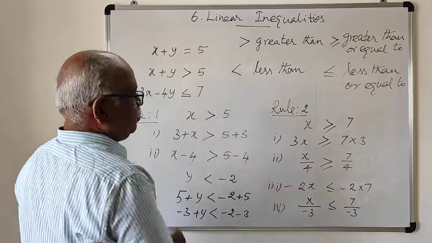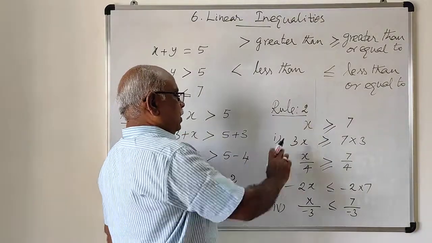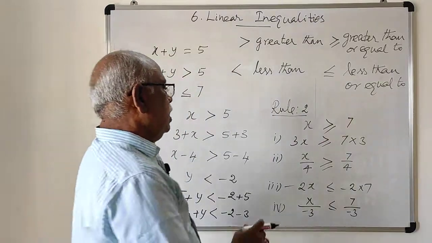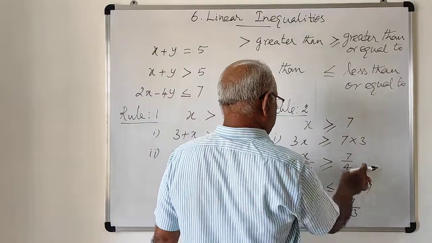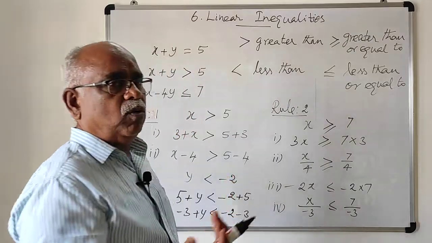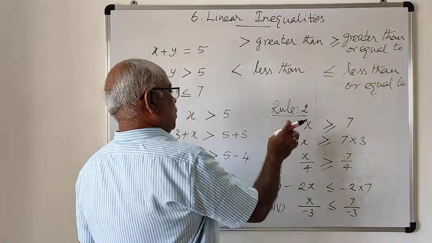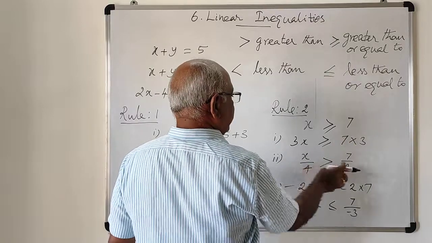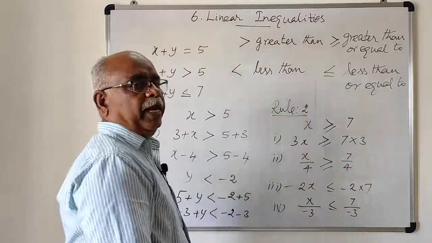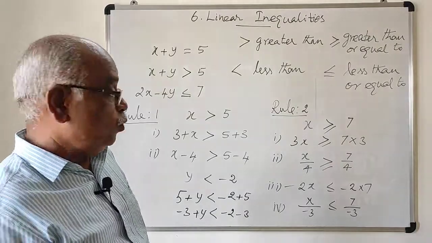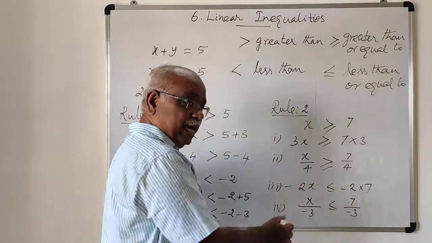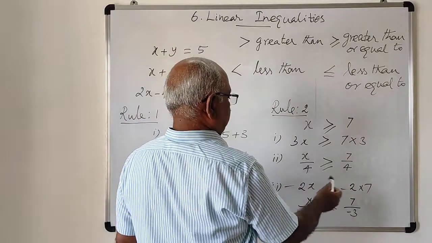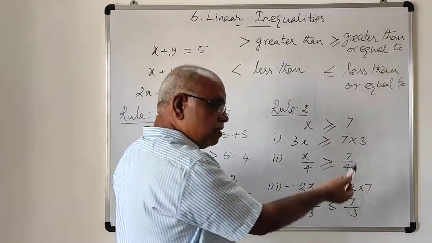That is the first rule. The second rule: if you multiply by the same number on both sides of an inequality, or if you divide an inequality by the same number on both sides, the inequality is not changed. Whereas if you multiply or divide by a negative number, the inequality is reversed.